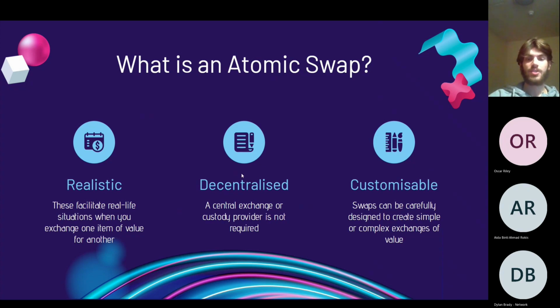They're also decentralized, and what I mean by that is there's no central exchange, there's no middleman providing the custody, transferring the ownership. It is literally peer-to-peer, and it's all been verified by the Hedera Hashgraph. When you use something like Amazon, you're buying it from Amazon.